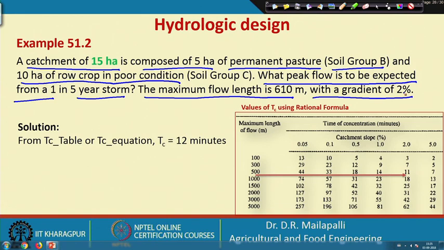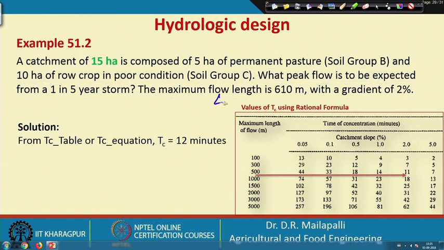Here the maximum flow length L is given and S is given. Either you can use the formula directly, or from the table you can get it. For example, here 610 is in between 500 and 1000, and the corresponding slope is 2%.